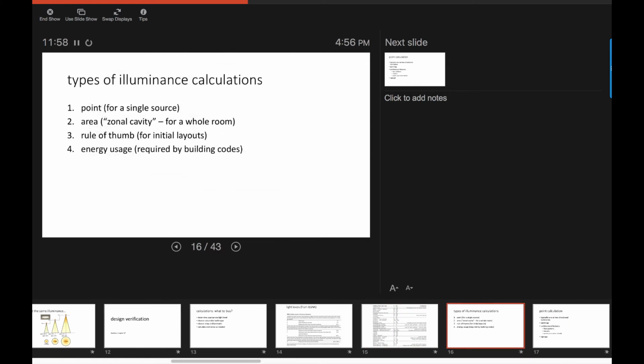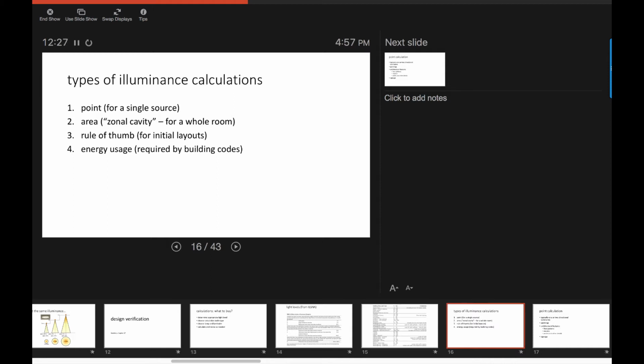So, all right, let's talk about the different types of calculations. There's basically 4 that you as an interior designer might find yourself having to do. The first one is what's called a point source calculation, and that's common if you're just trying to light, say, a painting or a piece of art from a single light source, or possibly 2 light sources.